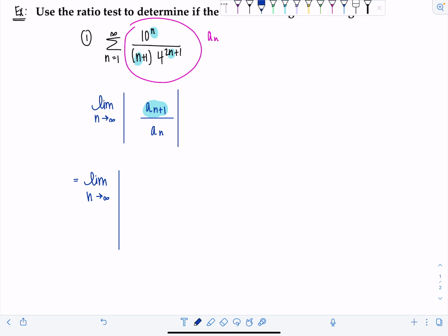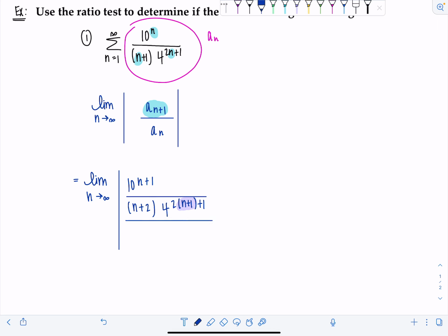So this is going to be 10 to the n plus 1 over n plus 1 plus 1, so that's going to be n plus 2, and then this is going to be 4 to the 2 times n plus 1 plus 1. All right, I'm not skipping any steps, but make sure, you guys be so careful, put parentheses around this n plus 1 so you don't forget to distribute the 2 in just a second.